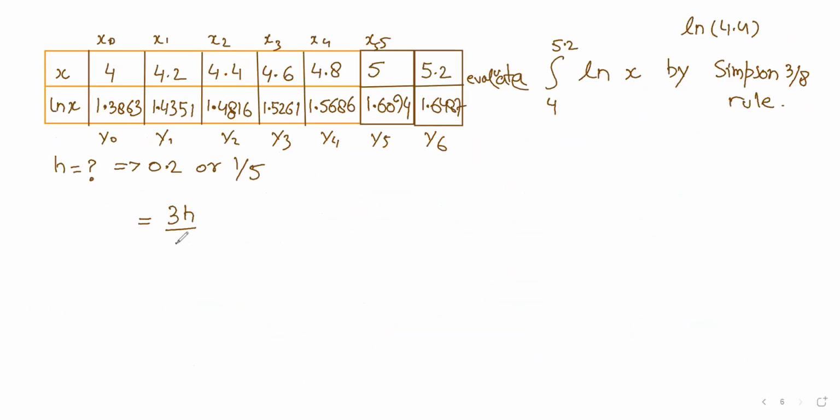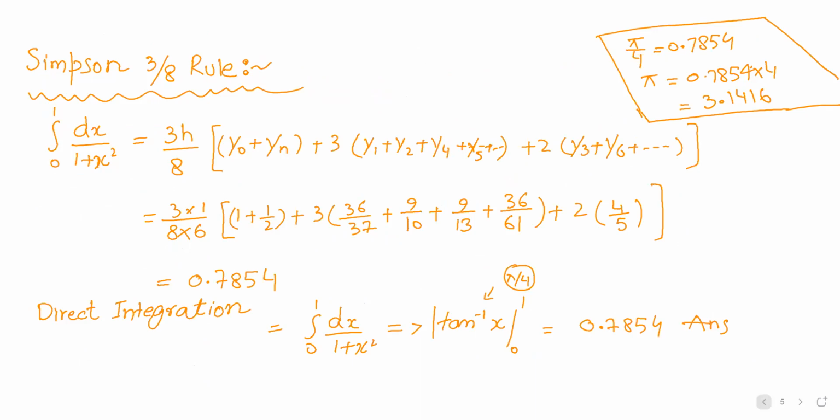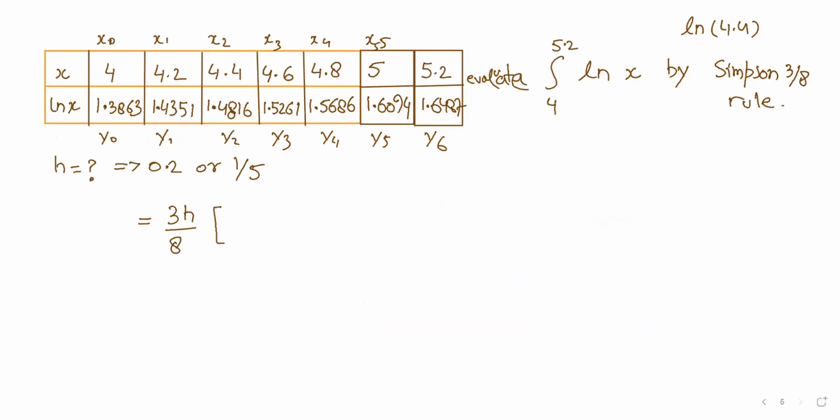3h by 8 into y0, which is equal to 1.3863, plus yn. yn is equal to y6, which is equal to 1.6487, plus 3 multiplied by your multiple of 3 terms.